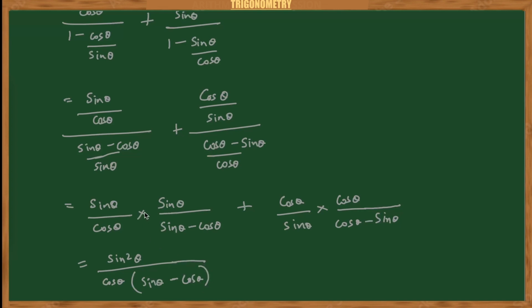Here there is a multiplication sign, not the plus sign, so be careful here. Plus cos into cos becomes cos square theta divided by sin theta into cos theta minus sin theta.